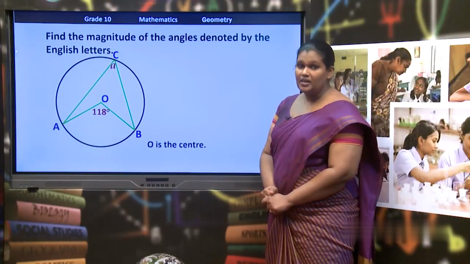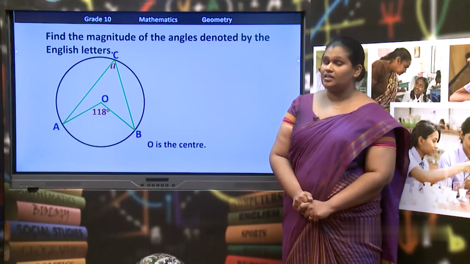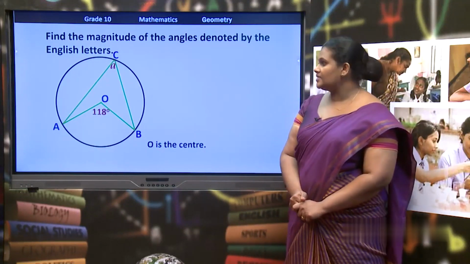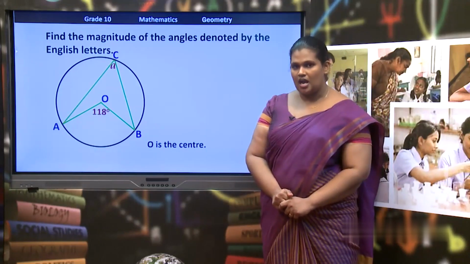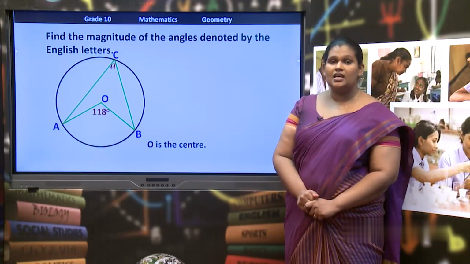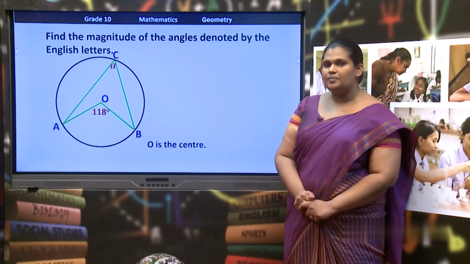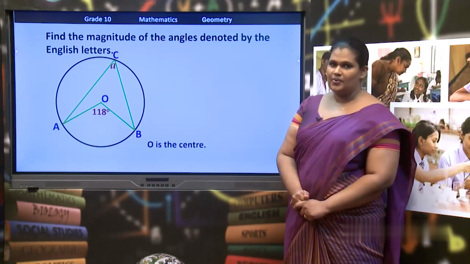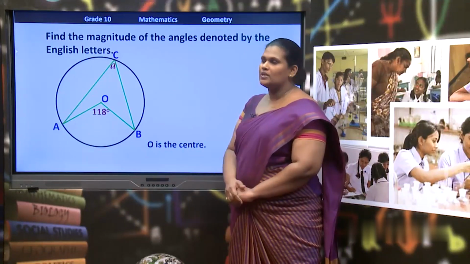Right. That means previously we have learnt a theorem: the angle subtended at the center of the circle by an arc is twice the angle subtended on the remaining part of the circle by the same arc.